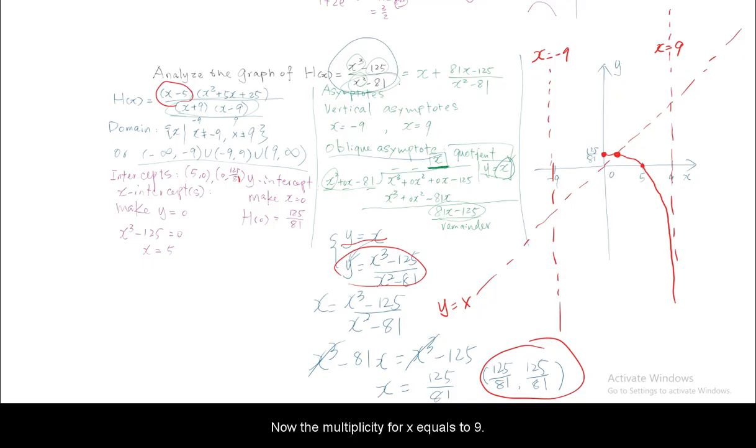Now, the multiplicity for x equals 9, this vertical asymptote, is 1, because x minus 9 only shows up in the denominator once. So the multiplicity is odd.